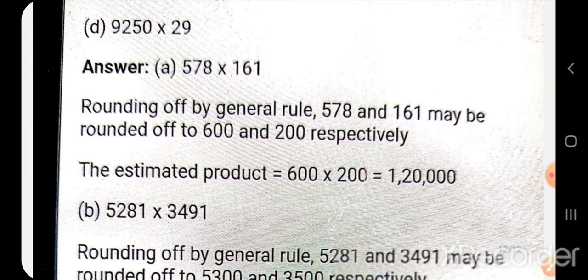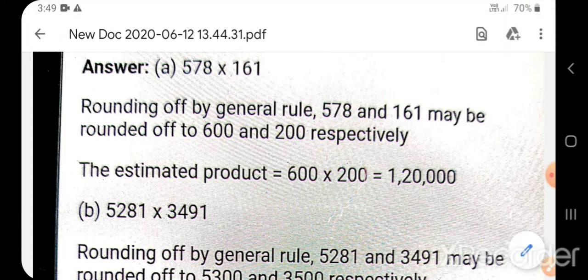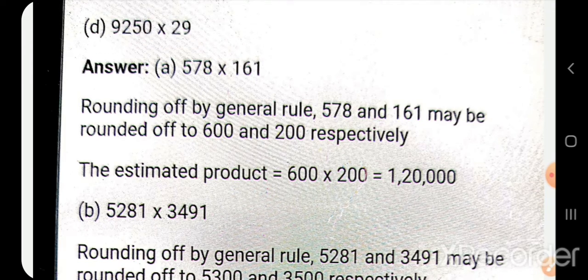Rounding off by general rule, 578 and 161 may be rounded off to 600 and 200 respectively. Why? Because 578 is between 500 and 600, and 600 is nearer than 500. So 578 is rounded off as 600.